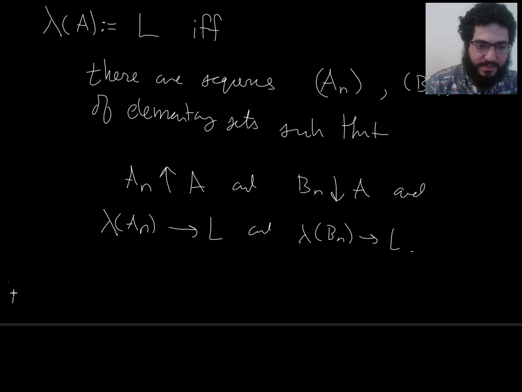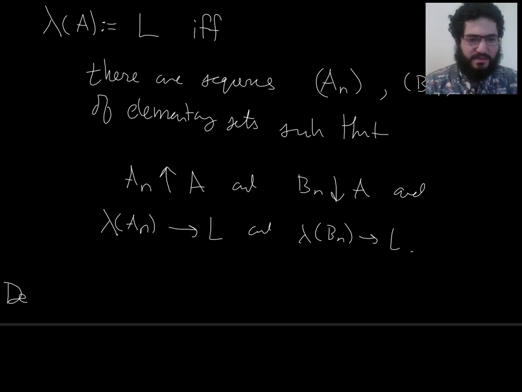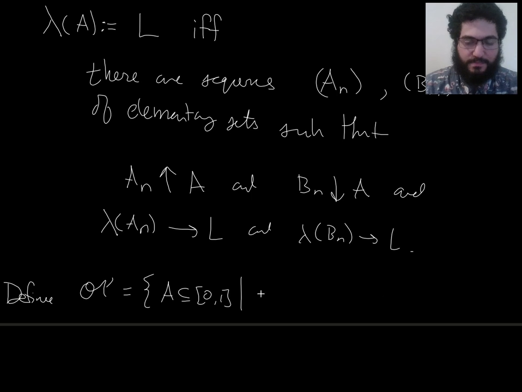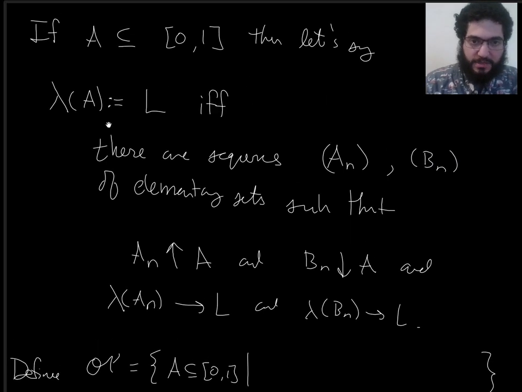So let's define, I guess I already used A, so let me call it A prime, a further extended version of A, which is going to be the collection of subsets of here, such that there exist these sequences such that these converge to the same place.